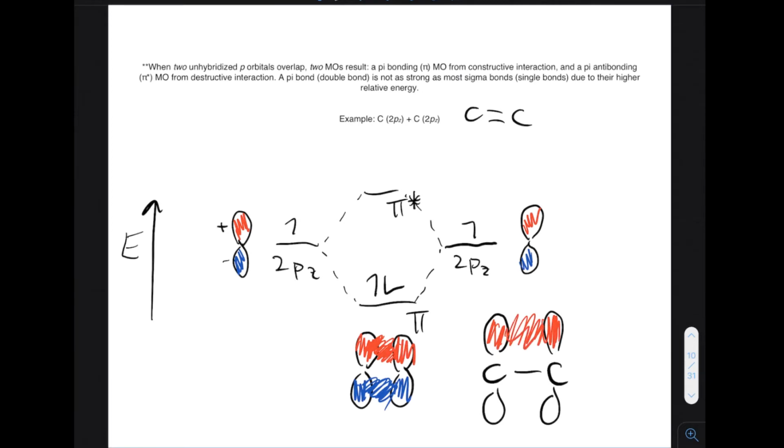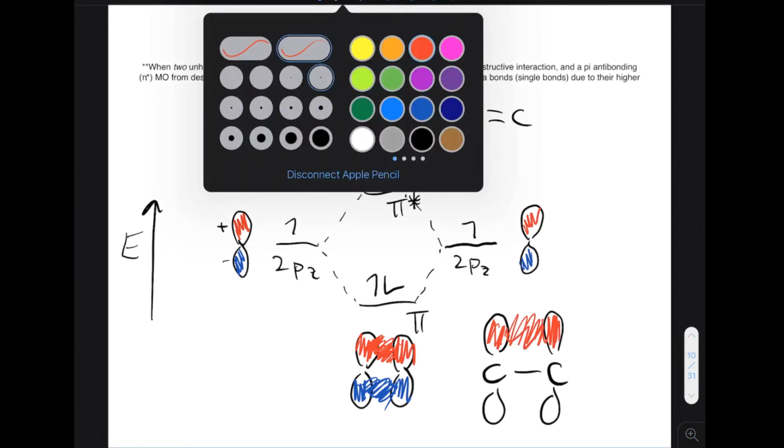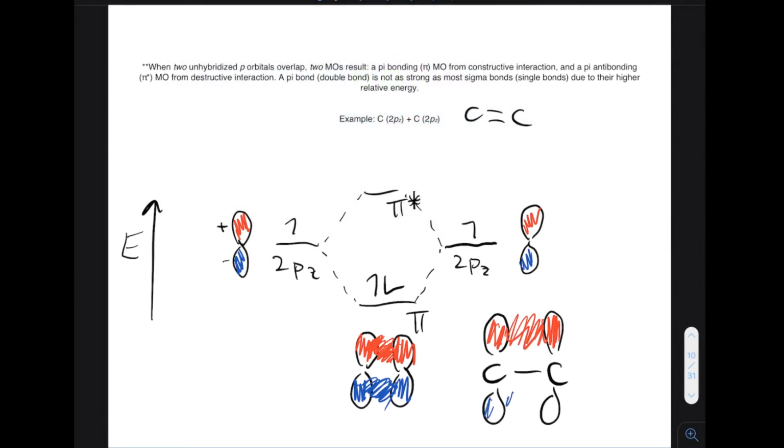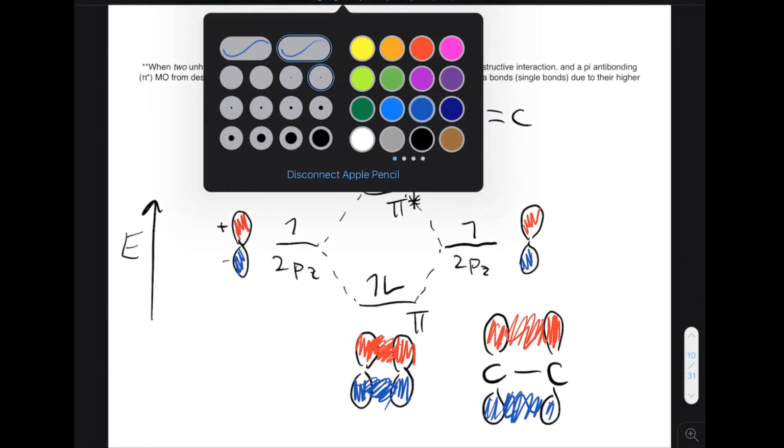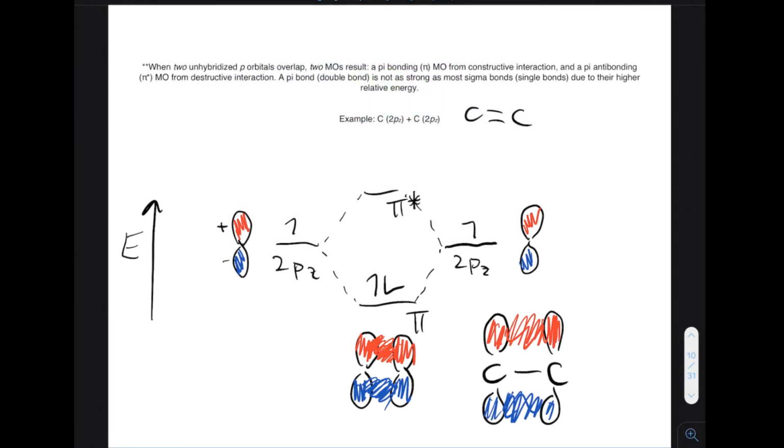So even though it might look, deceptively, with the pi bond overlapping, like for a double bond we have one bond here and one bond here, that's not really the case. A pi bond exists, as shown here, above and below the sigma bond. So there are not 4 electrons here, but just 2. So this is where the pi bond comes from.